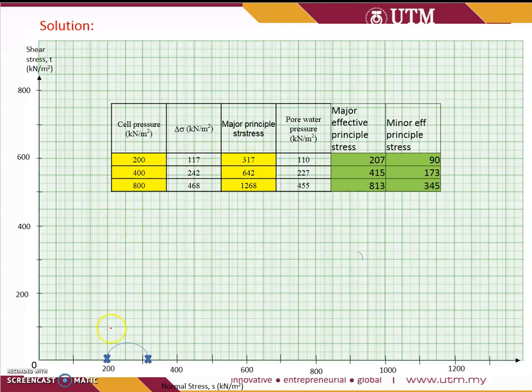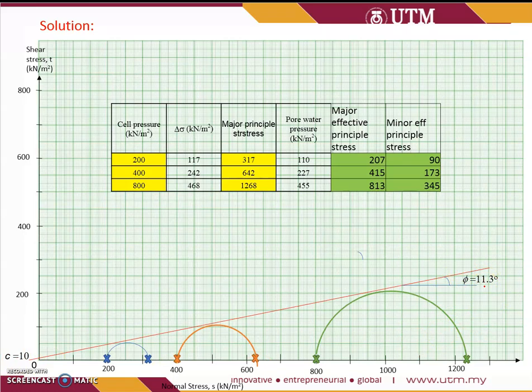So we plot like that. Next, the second one, 400 and 642. The third one is 800 and 1268. So we get three different Mohr circles for the total condition. To obtain the shear strength, we have to draw the failure line, the failure envelope, so we can get the C value and also the phi value.